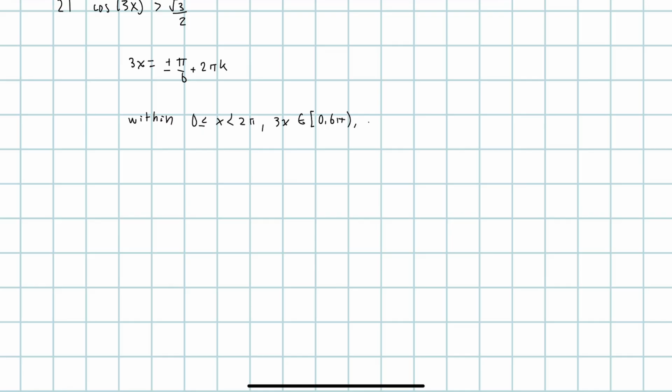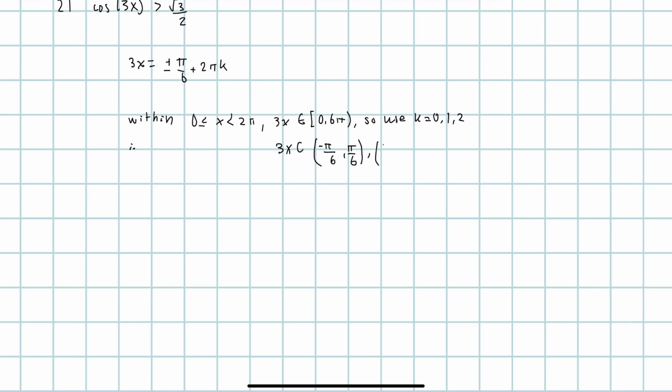So you would use k equal to 0, 1, and 2. Therefore, we get that 3x is going to be negative pi over 6, pi over 6. Okay, yeah, this is going to be exclusive.